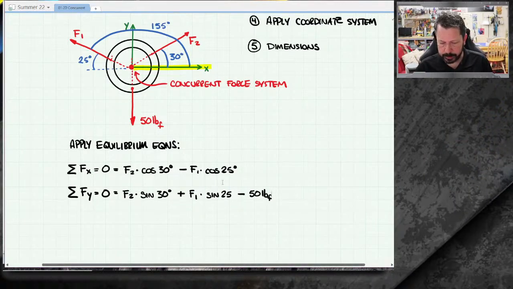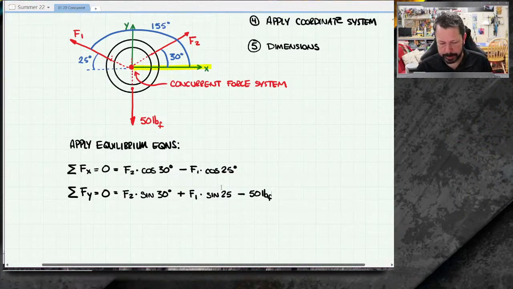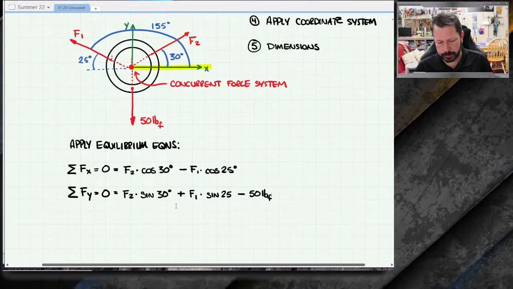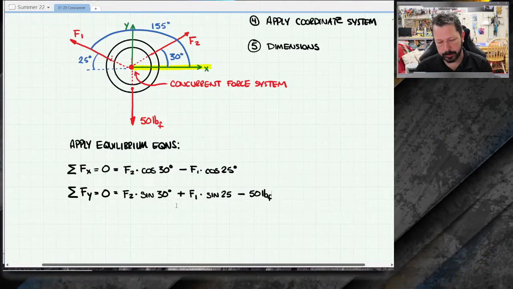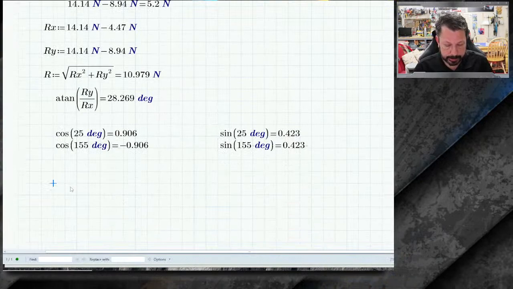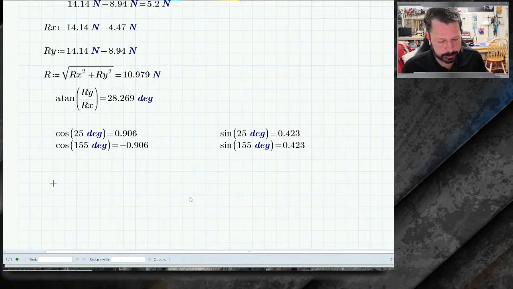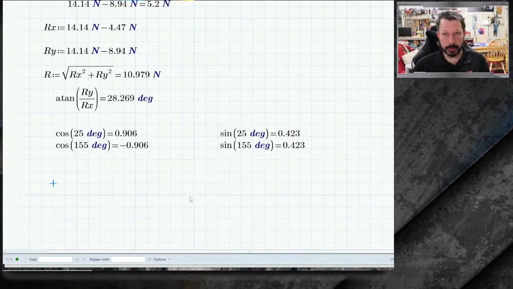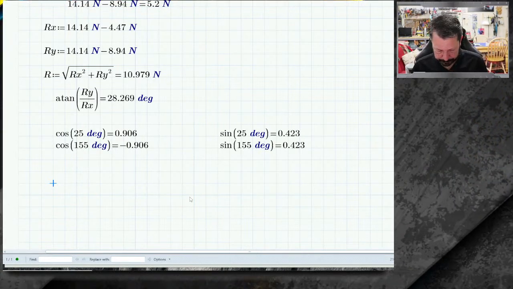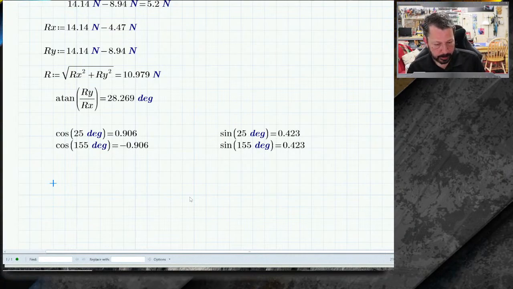Here we just have 2 unknowns, so you can use whatever method you want. You can add these two together, or go over to MathCAD and solve them there. But in the end, on an exam, you have to use your calculator. Most calculators are going to have some kind of simultaneous equation solver in it. You just need to know how to use it.